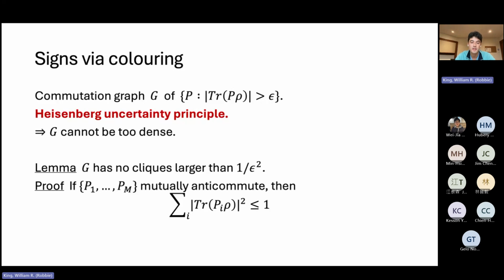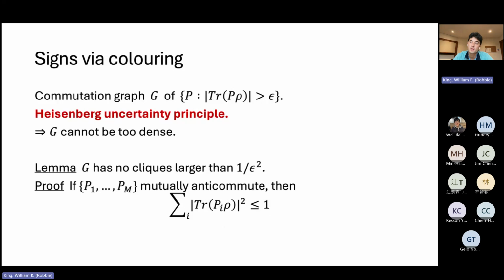The idea of how you prove this is that you can use this inequality, which looks sort of strange, but is actually quite familiar. What it's saying is that if I have a collection of mutually anti-commuting Paulis, then the sum over trace of P rho squared cannot exceed 1.